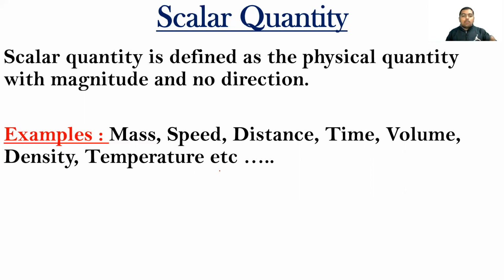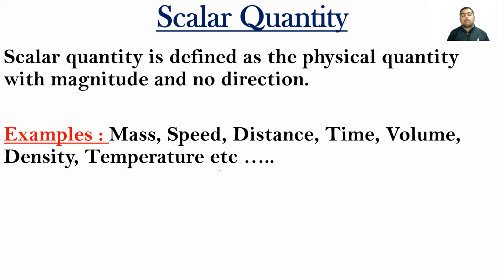You tell them to give me 1 kg of sugar. Okay? You need only magnitude of sugar. There is no need of direction. You don't say please give me the sugar in west direction or please give me the sugar in north direction. There is no need of direction, only magnitude.